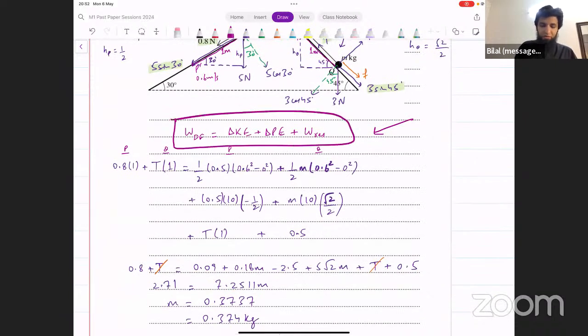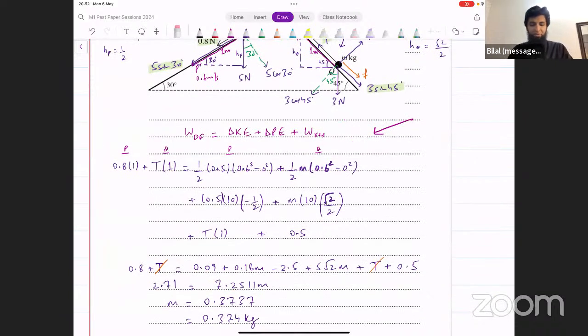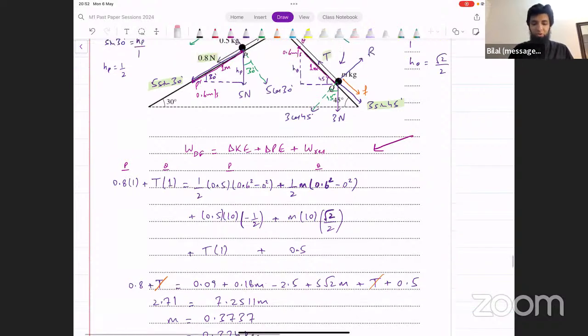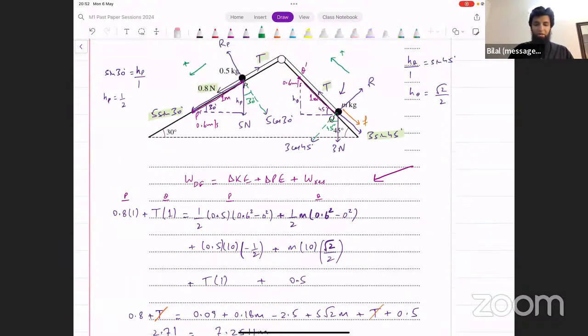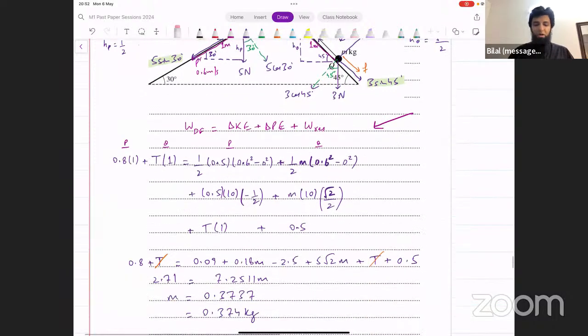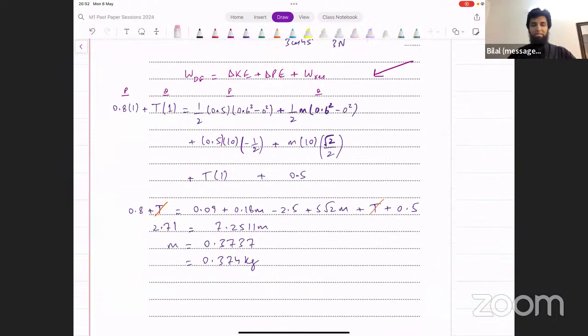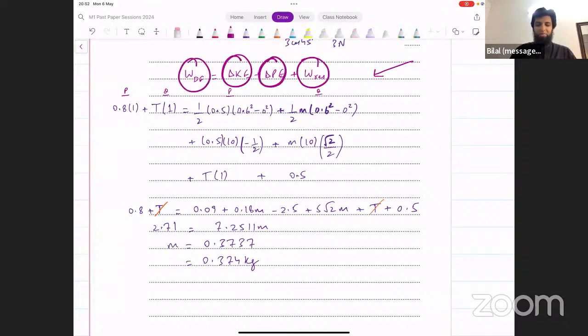Work done by driving force equals change in kinetic energy plus the change in potential energy plus work done against resistance. Now the problem is both the particles are moving in different directions and their angles are also different here. You should not consider this as a single system. Find each of the relevant quantities for the two particles separately.